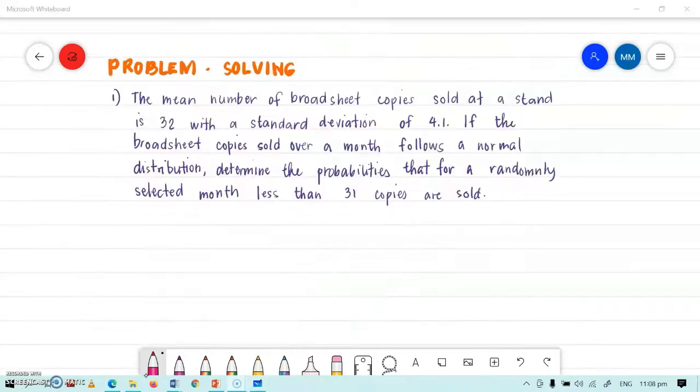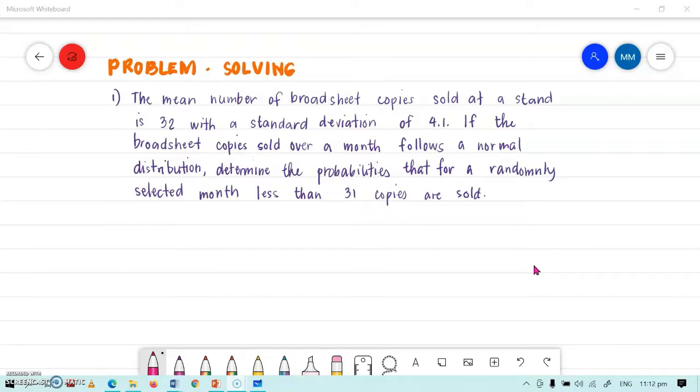Okay, now let's go to problem solving. So what we have here is a problem, and let's try to solve this one. The mean number of broadsheet copies sold at the stand is 32 with a standard deviation of 4.1. If the broadsheet copies sold over a month follows a normal distribution, determine the probability that for a randomly selected month, less than 31 copies are sold.